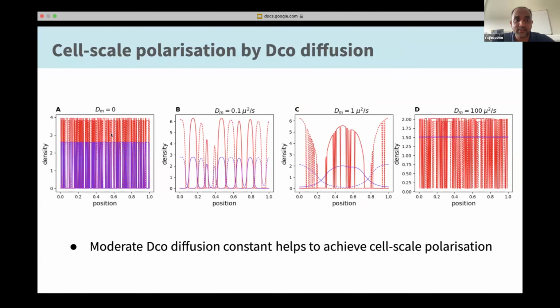If only amplification of the initial condition were there, it would look like this. But if the DCO mechanism is there, then C1 and C2, the solid line and the dotted line, will be separated at the cell scale. Of course, if I change the initial condition, the behavior will look the same, but the positioning might be different.